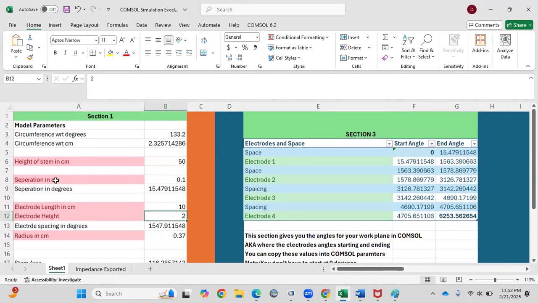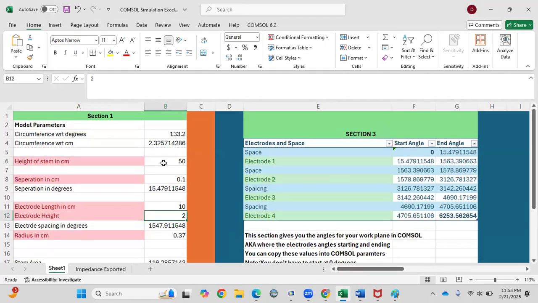So you have your stem, a cylinder, and on the stem you're trying to put electrodes to measure voltages and currents. So we understand that the stem and the electrodes are two different things. So the electrode sticks or wraps on the stem. So everybody can agree that the electrode cannot be bigger than your stem. It's got to be smaller.